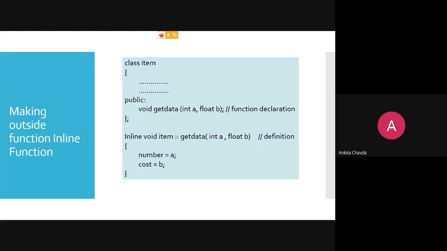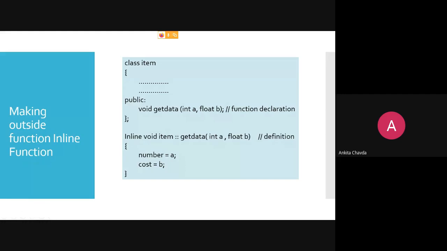Now in class and object theory, one way to make a function inline is to define it inside the class, and it will be treated automatically as inline. But what if I want to define my function outside of the class and make it inline?